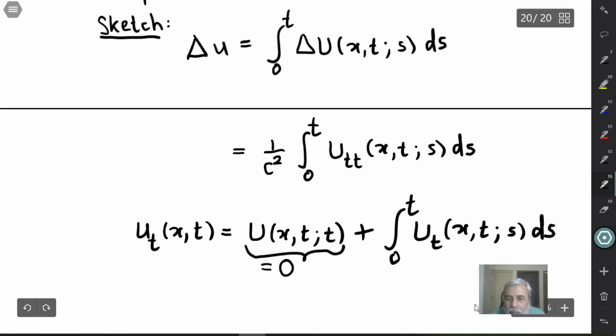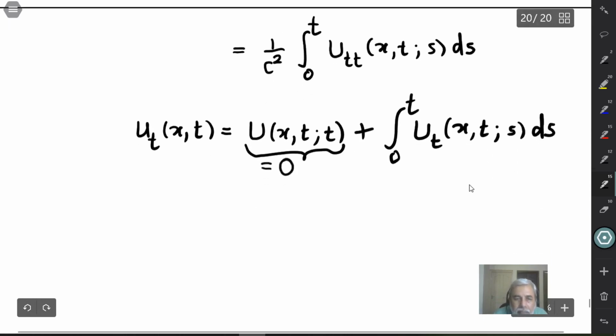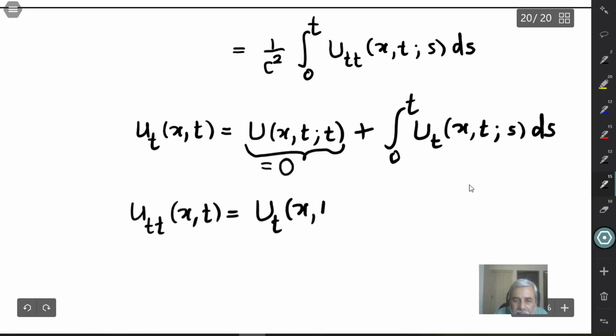And the next one, u sub t t of x, t, is now U sub t of x, t; t, plus the integral from 0 to t of U sub t t.